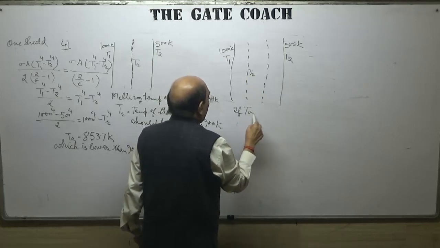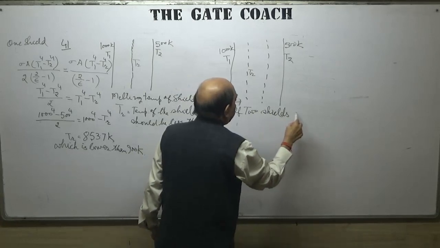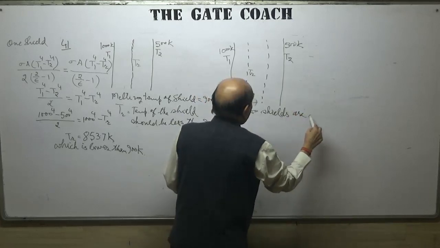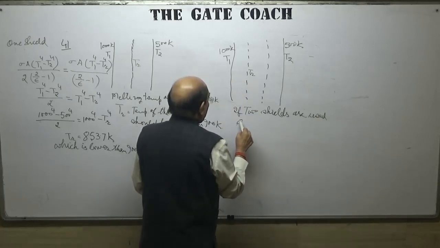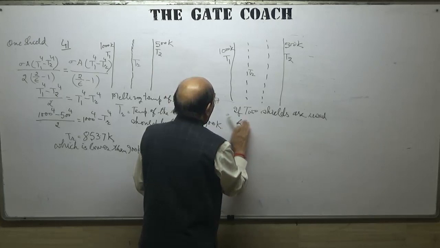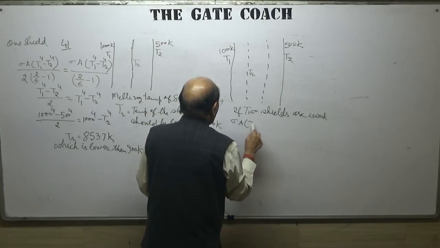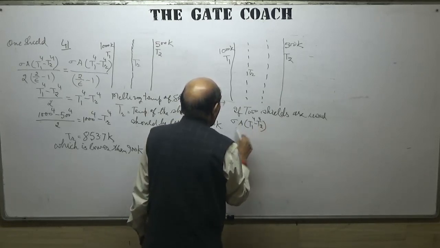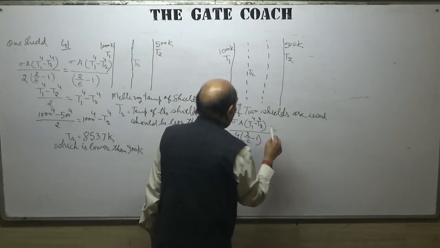If two shields are used, then sigma A T1^4 minus T2^4 upon 4 into 2 upon epsilon minus 1.